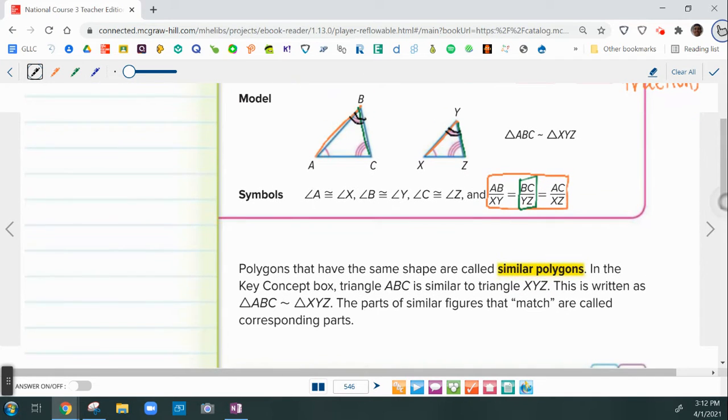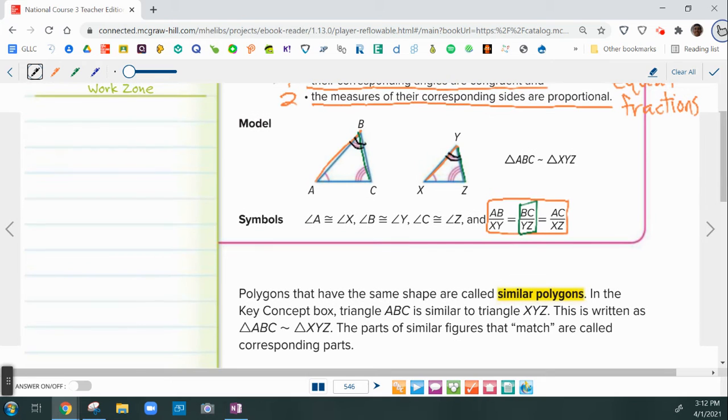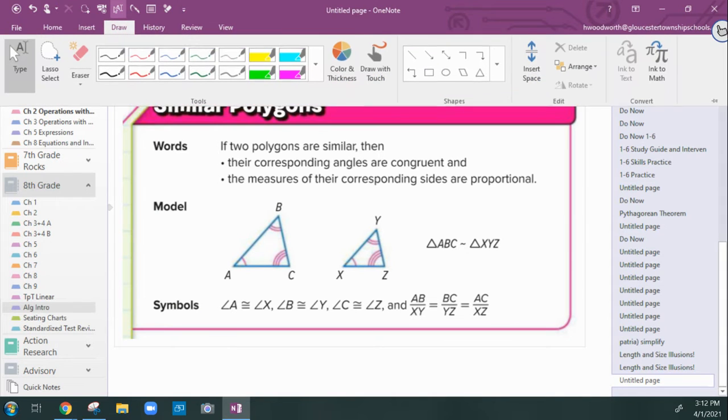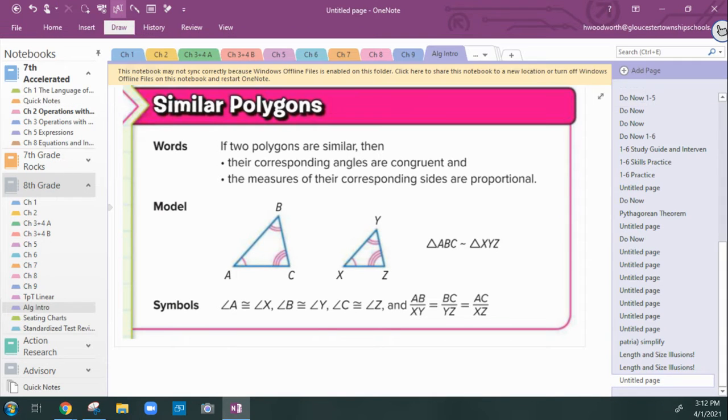They change proportionally. All right, I did copy and paste this to another screen so I could prove that the angles stay the same. If I were to outline this shape, and that's B right there.